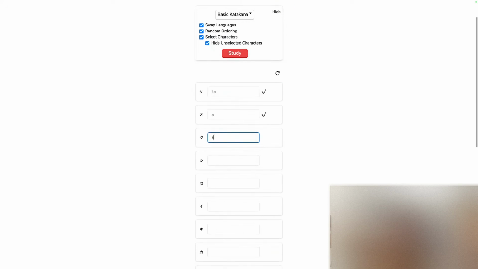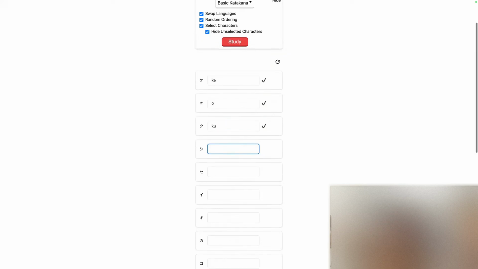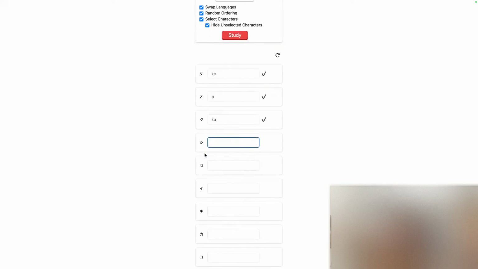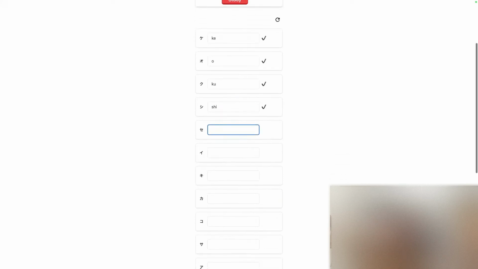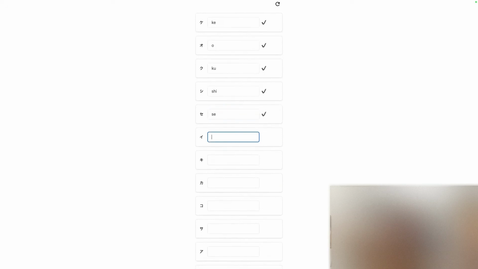So let's just lock in. This extends, so it's ke. This is o. This is not extending, so it's ku. And here we have 2 dashes, so it was she and so. So is the one that's on its own, it's kind of lonely, so this is she. This is se. This is i. This is ki. This is ka.